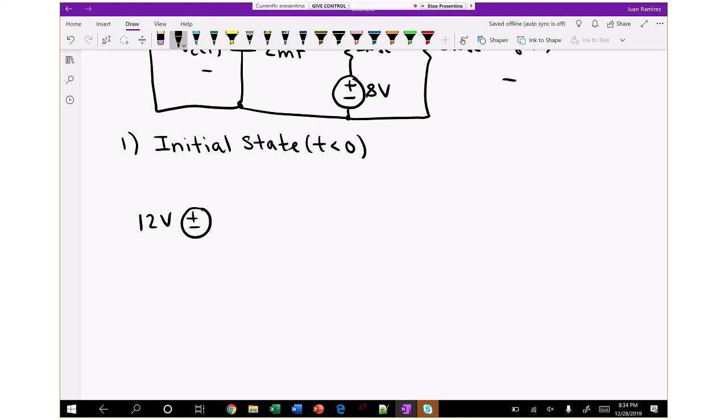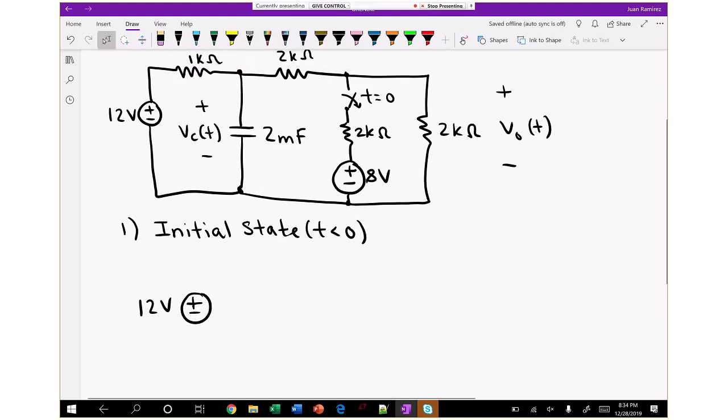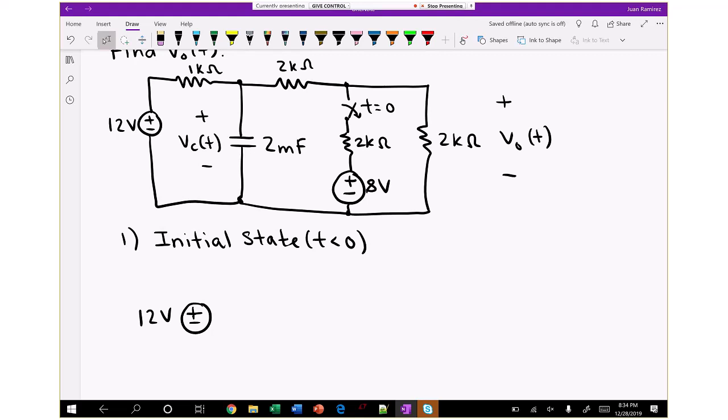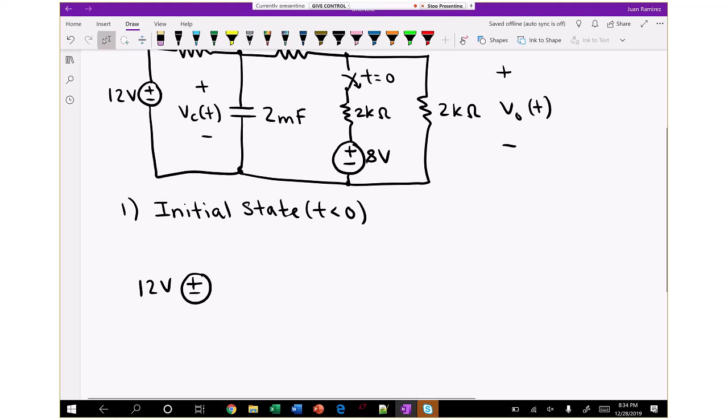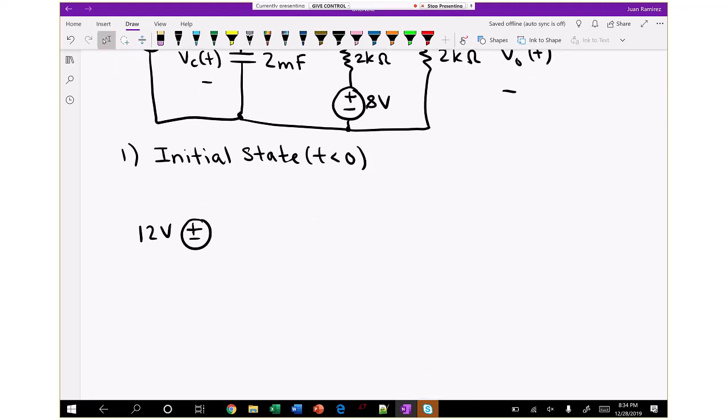In that initial position, or in that initial state, the switch is in the closed position. So if we go back real quick, the switch is initially in the closed position, therefore the 2K ohm and the 8-volt source are part of the circuit.